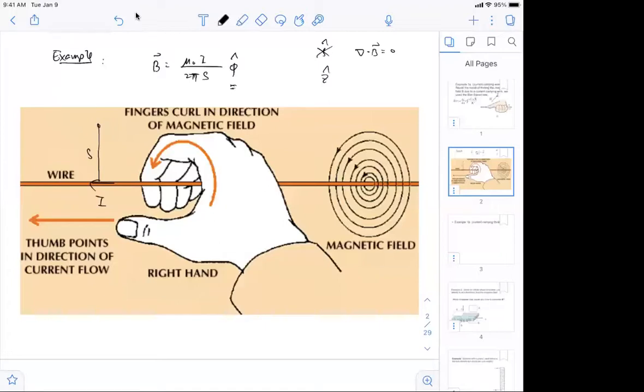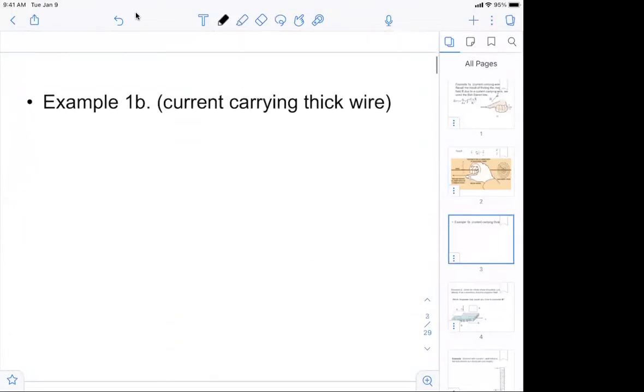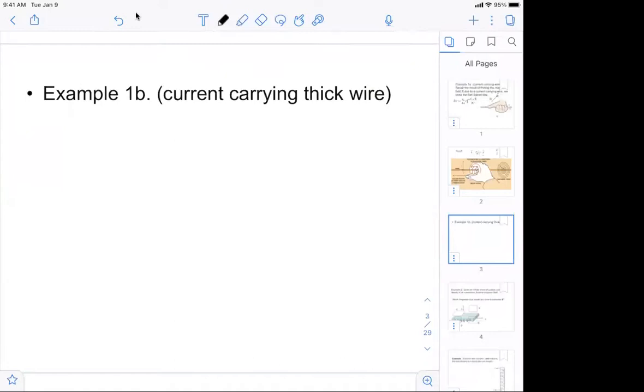and your forefingers point in the direction of your magnetic field. Now let's continue to solve a problem that's very similar to that, but it's a thick wire. So instead of current flowing through just a long thin wire, we have this current flowing in a thick wire with radius a, and it is flowing in the z direction.